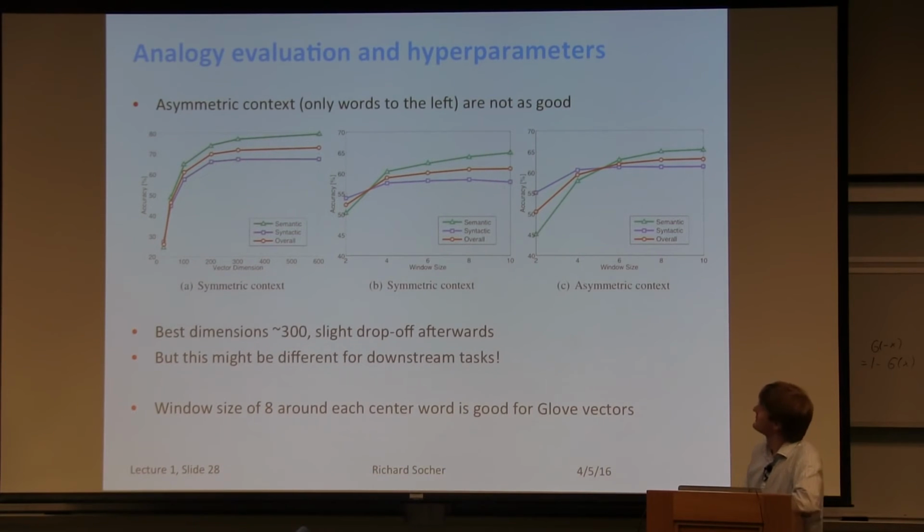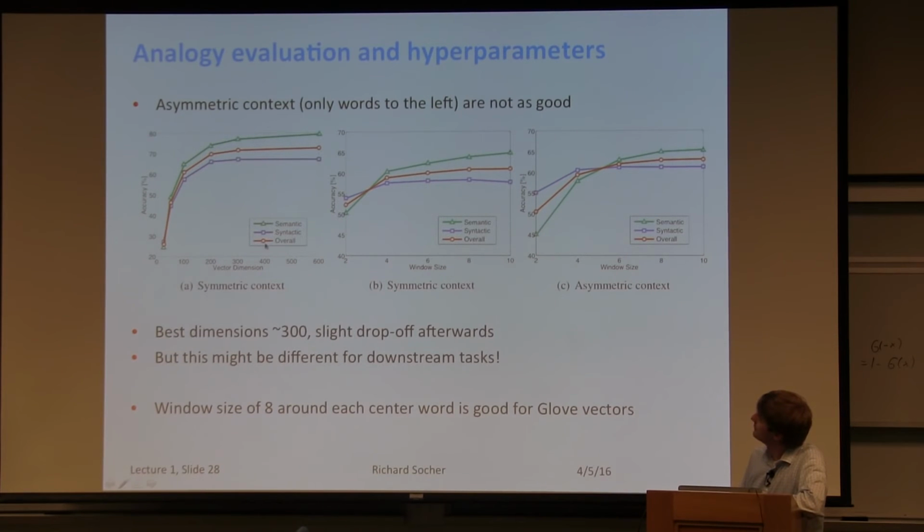So let's look at the word vector dimension, for instance. Here we mostly care about the overall score, which combines semantic things like gender or cities and their states and capitals, and syntactic things such as bigger and biggest, superlatives, or different tenses of verbs.